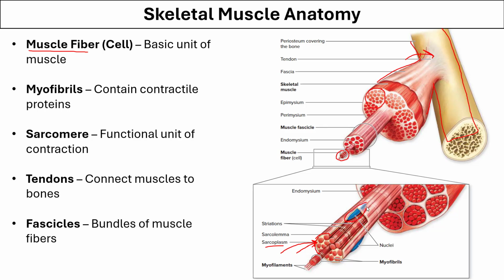Just like any other cell, they have a nucleus, other cell organelles, and a very important structure of their own, which is characteristic of a muscle cell: myofibrils. These myofibrils are bundles of protein which are responsible for contraction. We will further look at the structural arrangement of these muscle fibers or myofibrils as we go through this lecture.